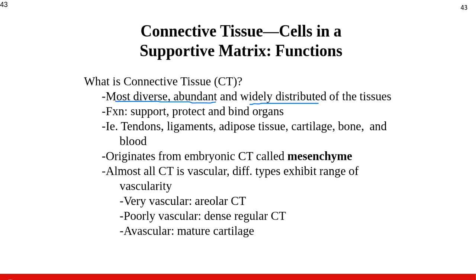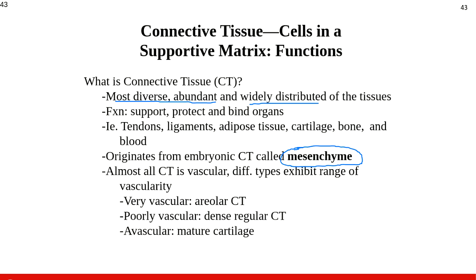That's an embryonic connective tissue, which means, think of mesenchyme as like a stem cell. If you're familiar with stem cells, they can differentiate, or turn into different types of tissue.